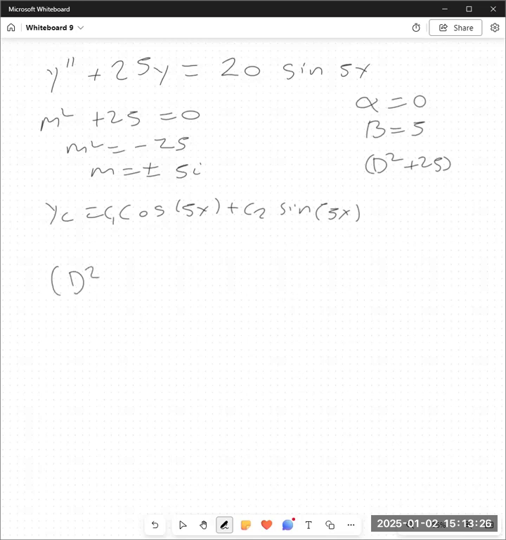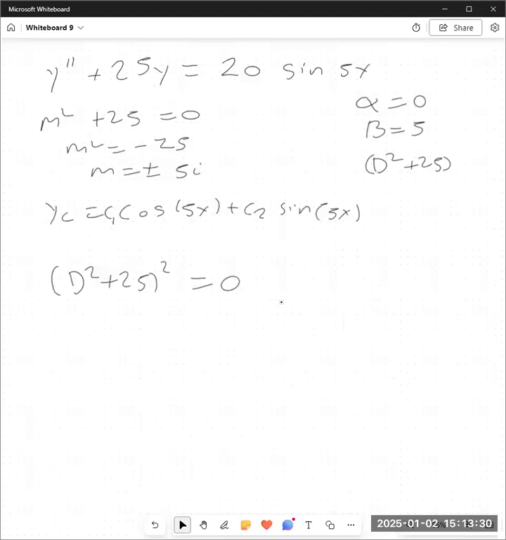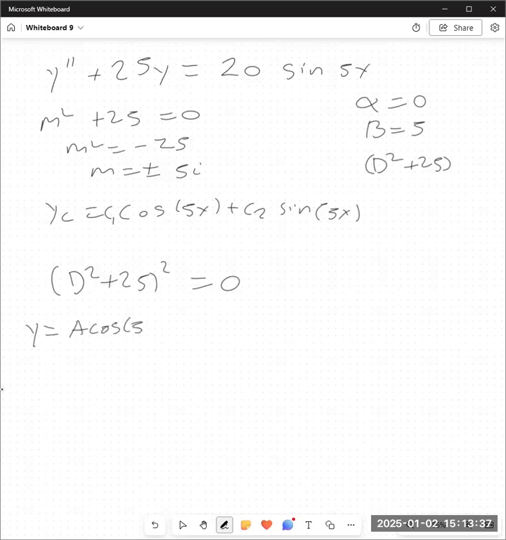I'm going to end up with d squared plus 25 squared equals 0, which is going to make this y equals a cosine 5x plus b sine 5x plus cx cosine of 5x plus dx sine of 5x.